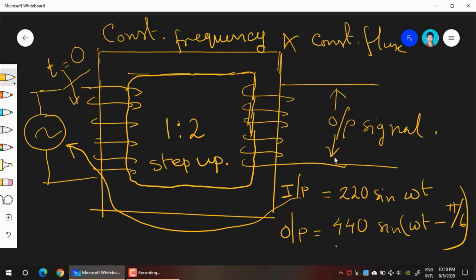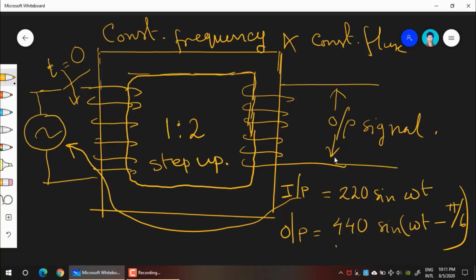The switch alters its position from open to close at t is equal to 0 second, and after closing, some current will flow through the primary coil, some voltage will appear across the primary coil, and by virtue of induction we are bound to get some output signal. Whatever model we have studied, the output is 440 sin omega t minus pi by 6, because the transformer is a 1:2 step up transformer.